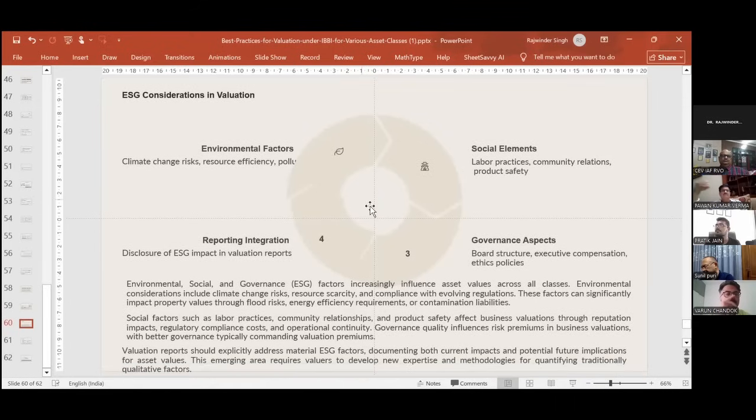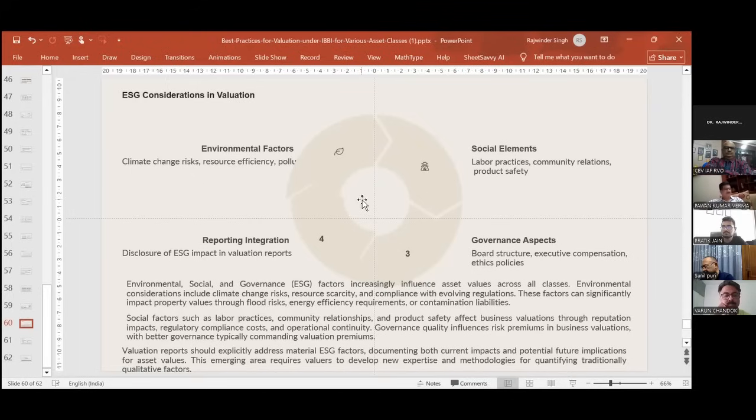And then ESG consideration in valuation. This is a newer thing in valuation, that is environmental, social, governance consideration.